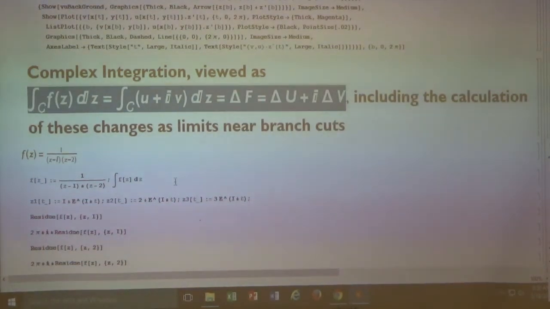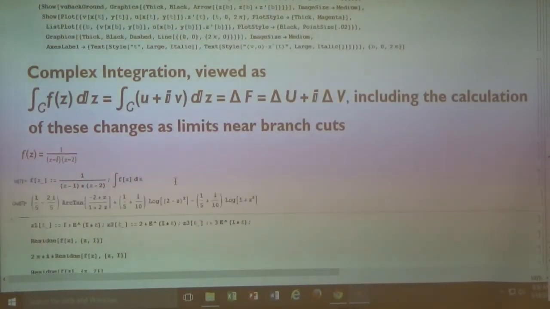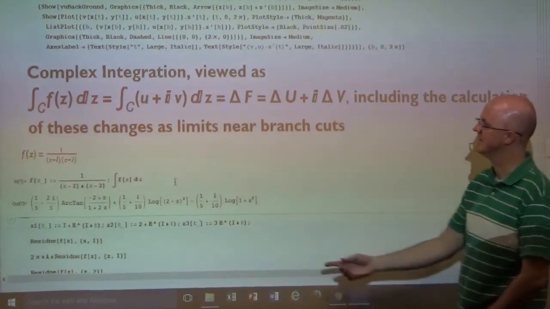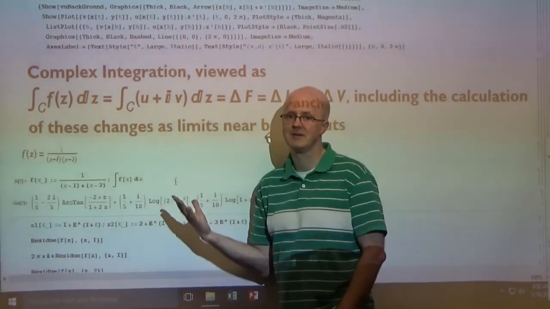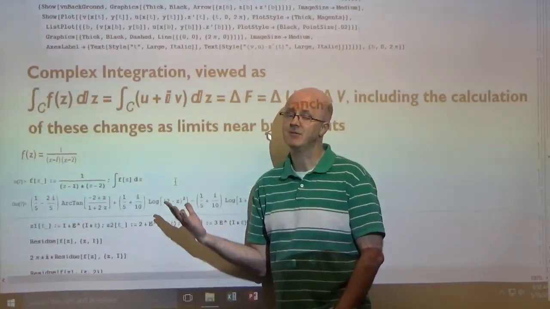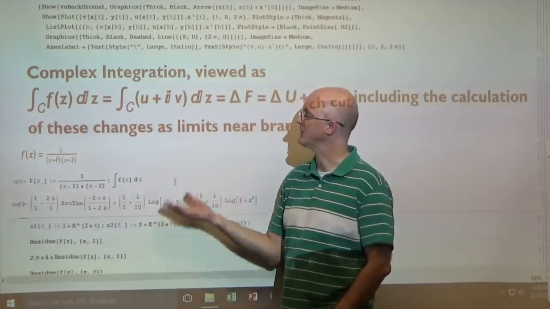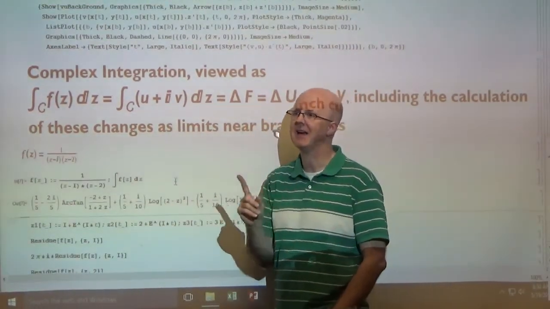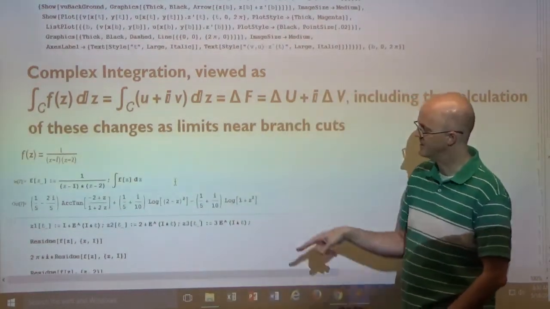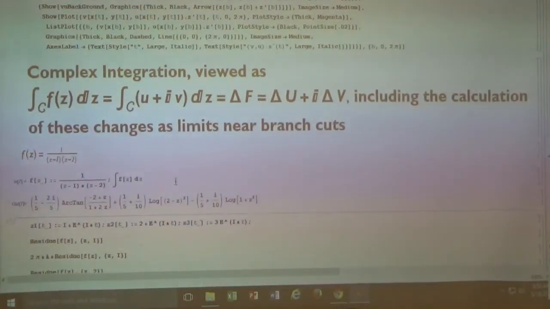If you find the antiderivative of this, you get something that involves logarithms and an arctangent, which are both multivalued functions in general, so we have to take branches of them if we're going to interpret it this way. But it still turns out you can kind of interpret it this way, as I'm going to show you in this picture.